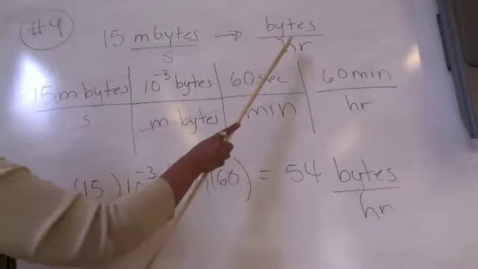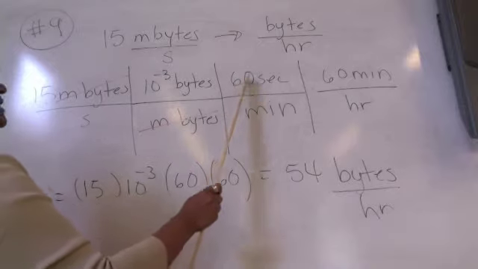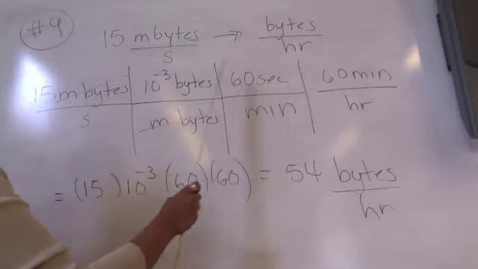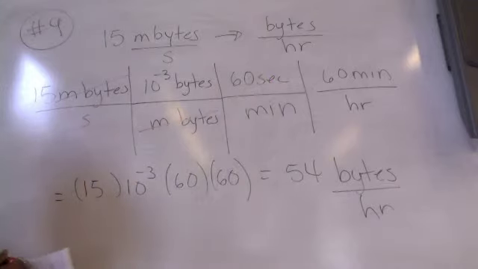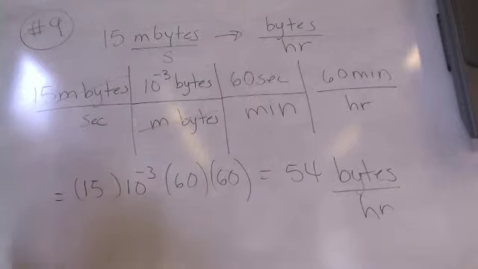But I want to put hours on the bottom, so now I have to change the denominator. So we know there's 60 seconds per minute, and I'm putting the seconds up here because the seconds way over here, these are actually seconds, need to cancel out.